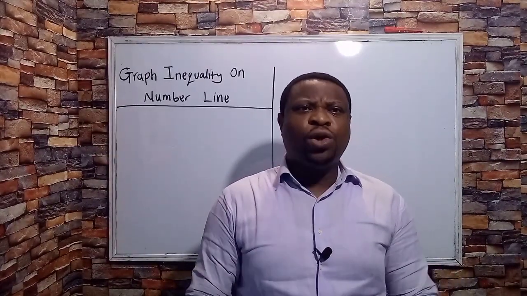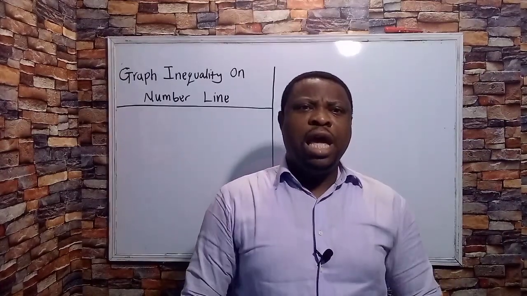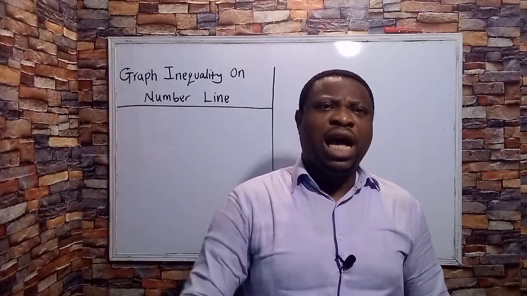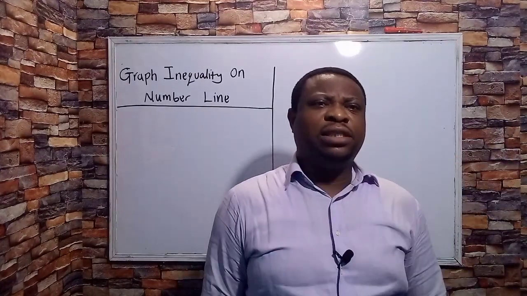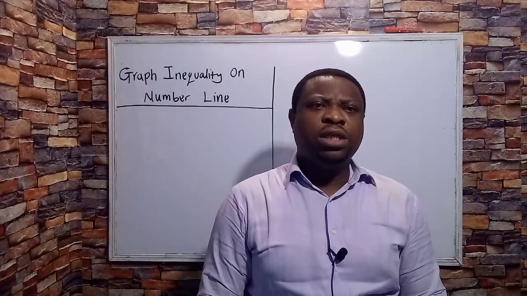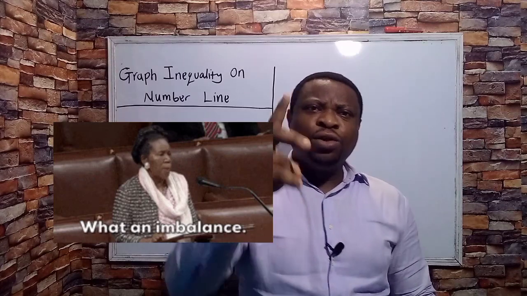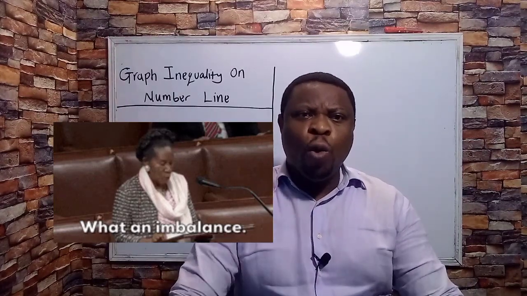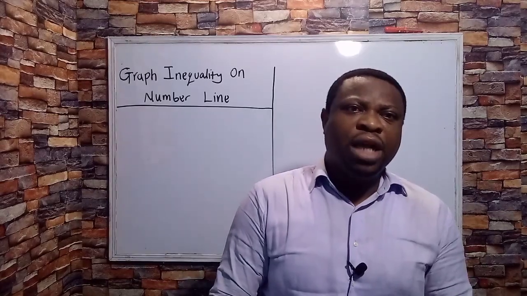Inequality is a relation that exists between two quantities that are not equal, employing signs such as greater than or less than. Another word for inequality can be said to be imbalance. When two things are not equal, they are not balanced. Let's look at examples.